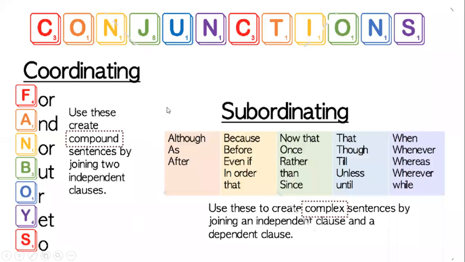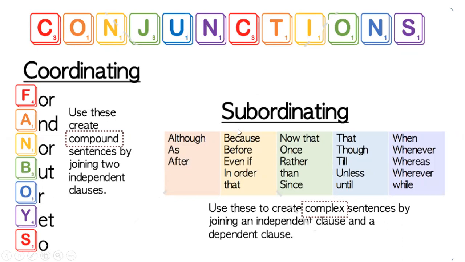Here are some conjunctions that you can use if you are making compound or complex sentences. For compound sentences, the coordinating conjunctions make the acronym FANBOYS: for, and, nor, but, or, yet, so.